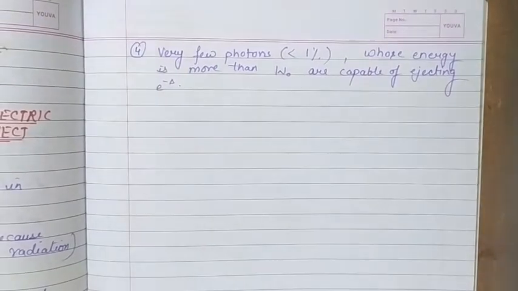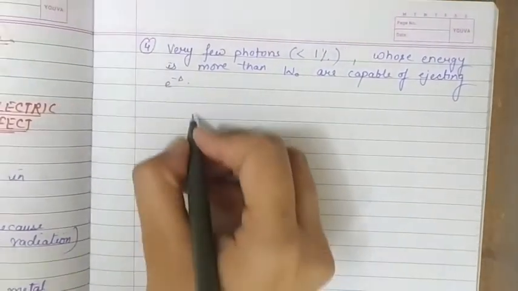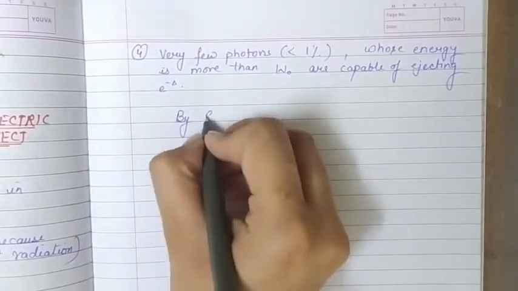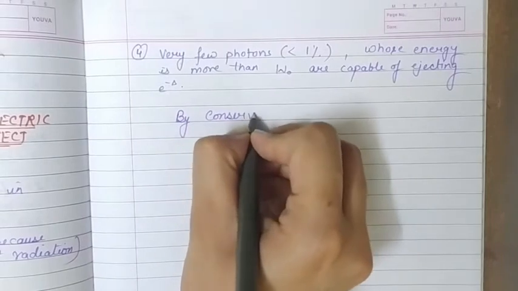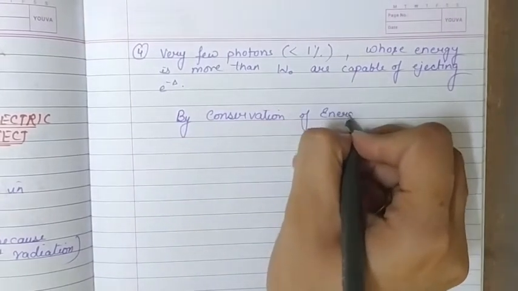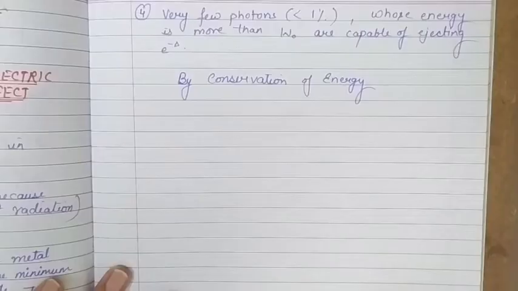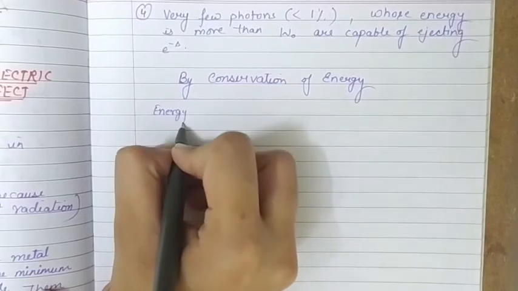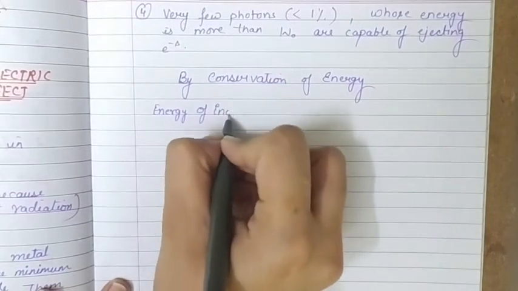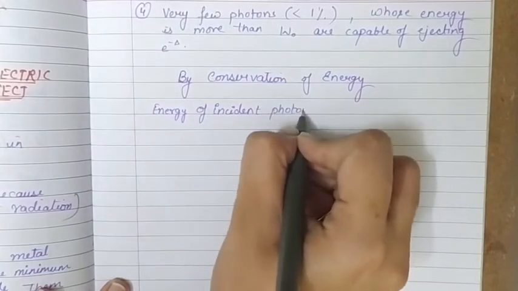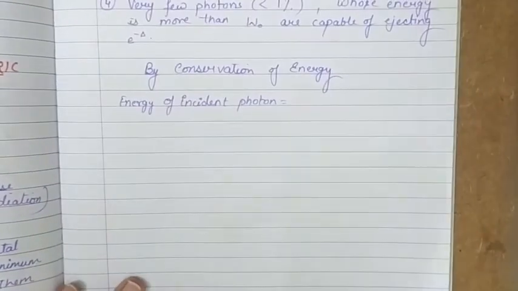Now, considering all these points and applying conservation of energy: the energy of the incident photon, which we know is h nu, is used for two purposes.